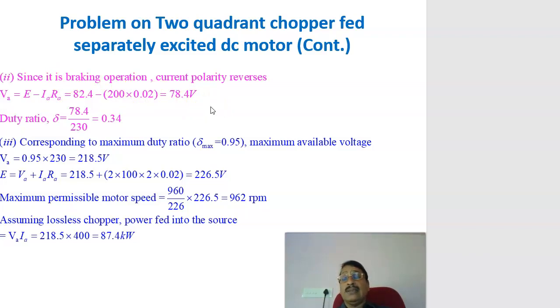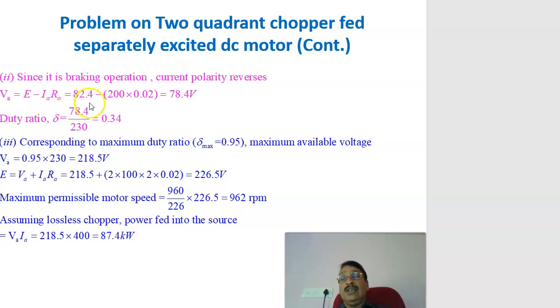Since the speed is 350 rpm, the back EMF is the same as in the previous case. Here the back EMF is 82.4. But since it is braking operation, the current polarity now reverses. That is why the equation now becomes V_a equals E minus I_a R_a.